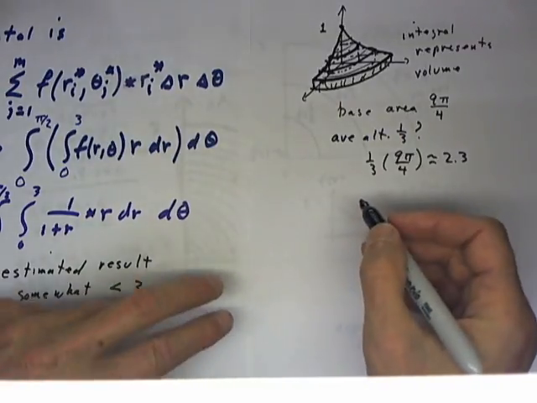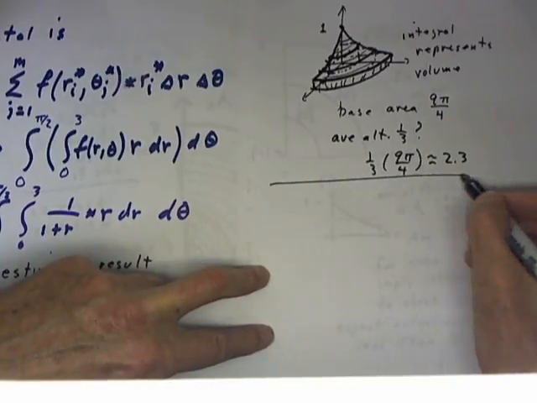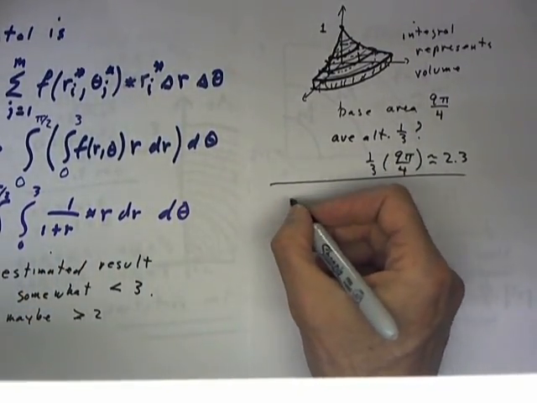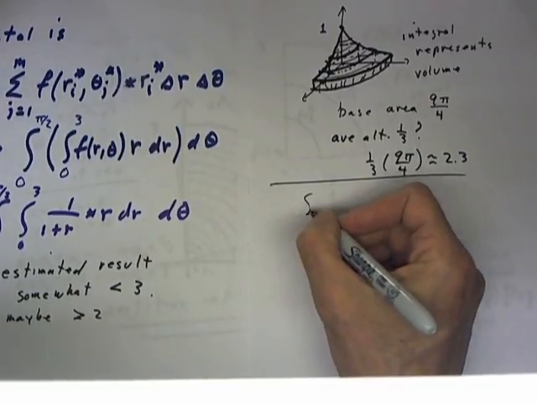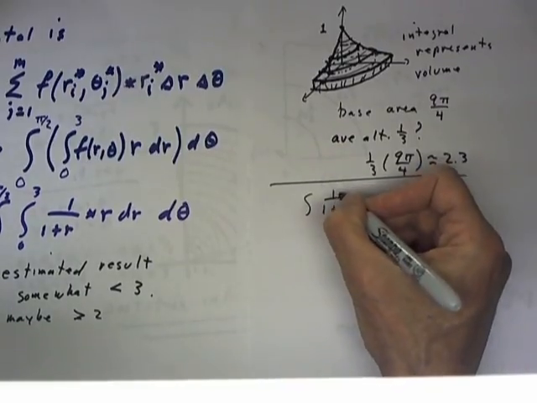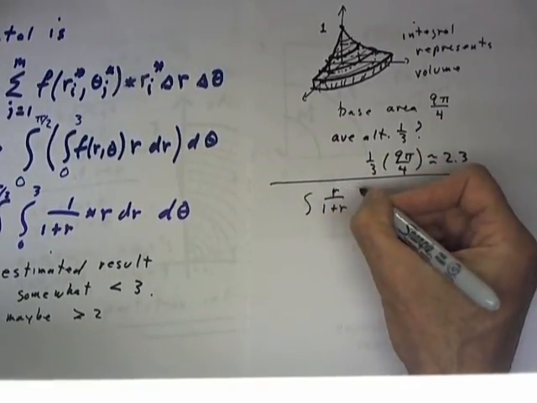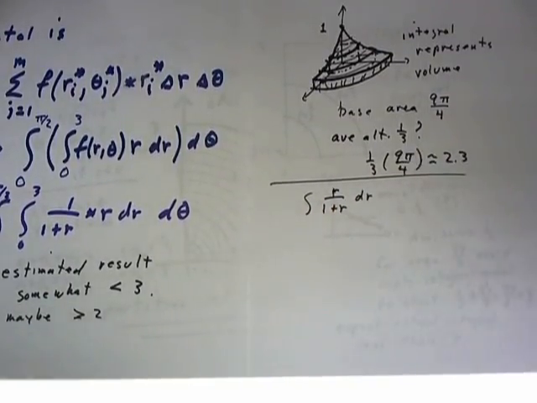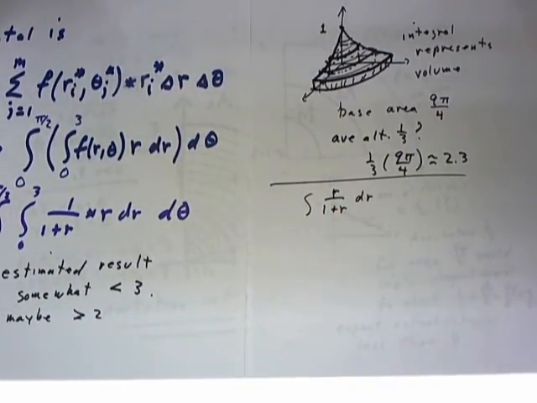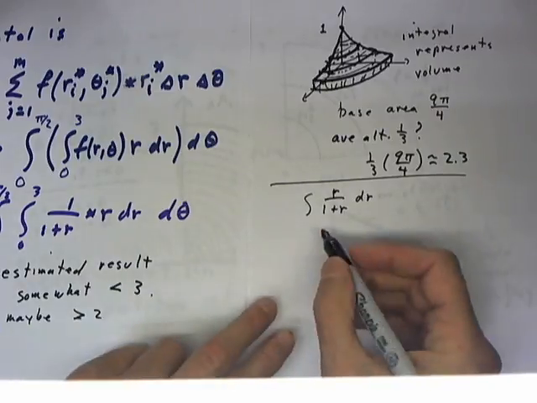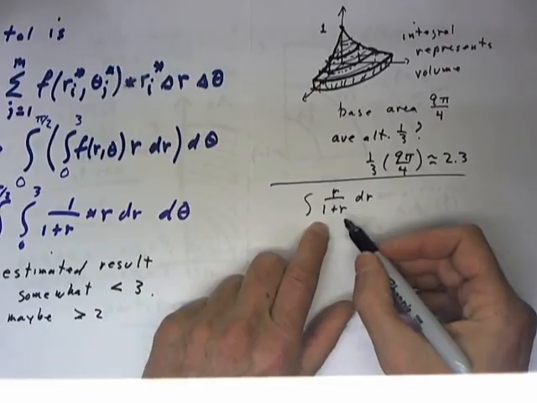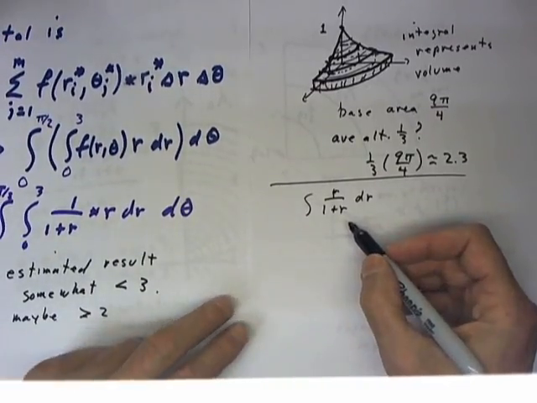Well, it's time for the payoff. Let's do the integral and see what we get. First of all, let's just consider the antiderivative of 1 over 1 plus r times r, so that puts the r in the numerator here. The integral of r over 1 plus r dr. This is fairly easy to integrate, and if you've been doing some integration, this is a pretty common trick.